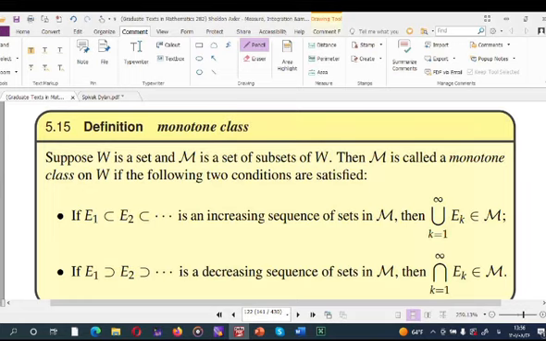Really, we have these two properties for any sequence in M, not only increasing sequences, and for any sequence, not only decreasing sequences, if M is a sigma algebra. So for increasing and decreasing sequences this condition holds true.